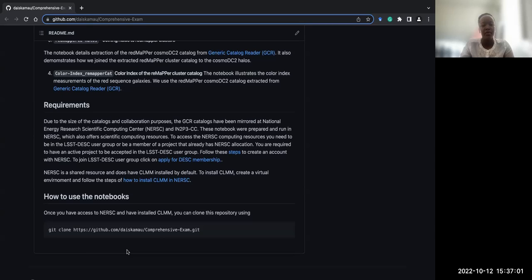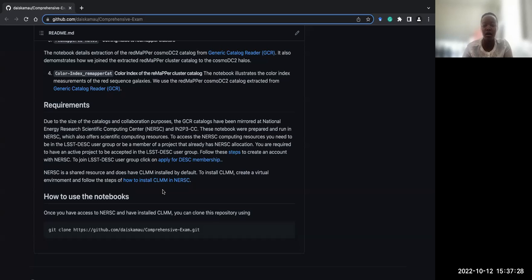One of the main requirements for you to run the notebooks is that you need to access the NASC, which offers the computing resources. The catalogs are quite huge. It's not just one catalog; there are so many catalogs under the astronomy study. So the catalogs are mirrored in the NASC, not something you can download and have on your computer.